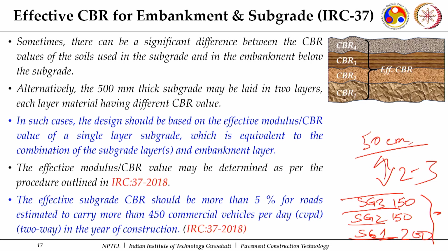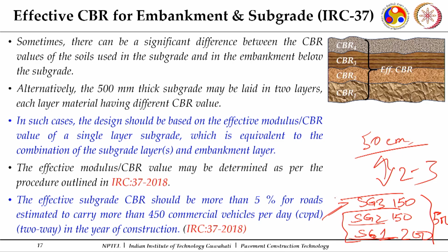So, this gives me my 500 mm. The soil which I have used in the first two layers is the same soil, but what I finally got for the third layer is much different. The CBR of this particular soil is much different from the underlying layers, because here I used one borrow area, here I used the third. You will not prefer to do it, but still there are limitations which exist in the actual field.